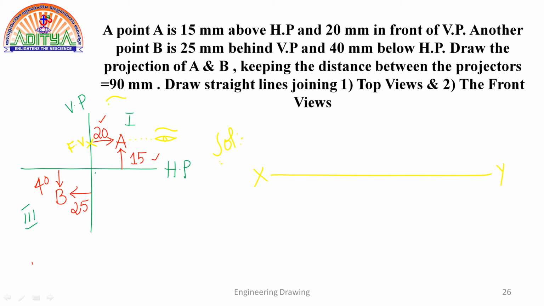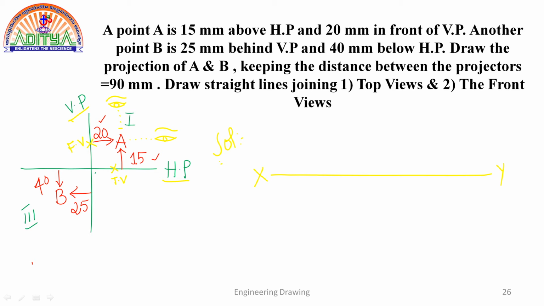And if you are seeing this point A from top view, on which plane is the top view projected? On horizontal plane the top view is projected. So the front view of point A is projected on vertical plane and the top view of point A is projected on horizontal plane.